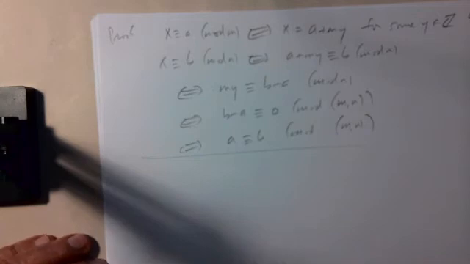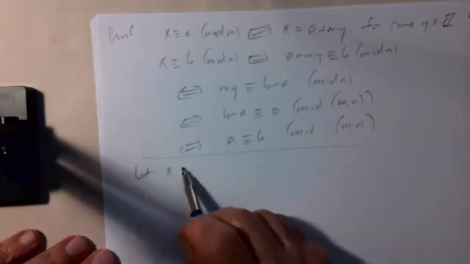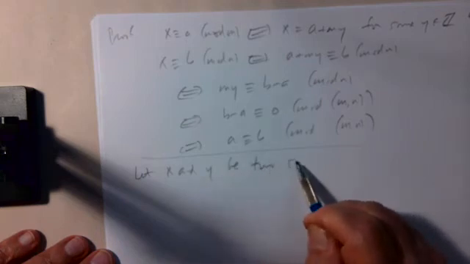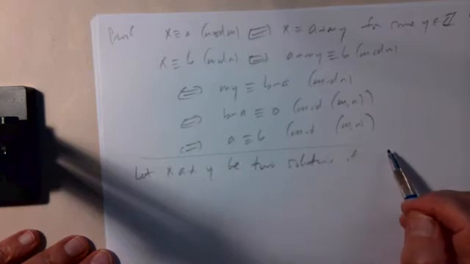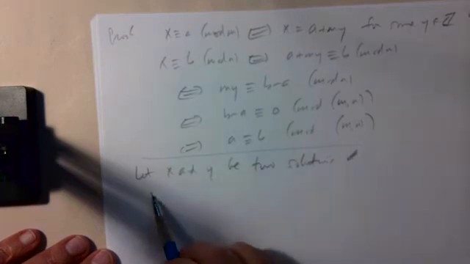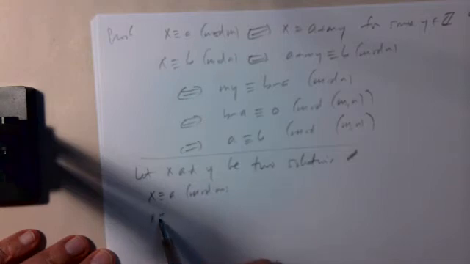And we can, in fact, find all solutions to our pair of congruences. So let x and y be two solutions of the congruences. So x is congruent to a mod m, and x is congruent to b mod n.